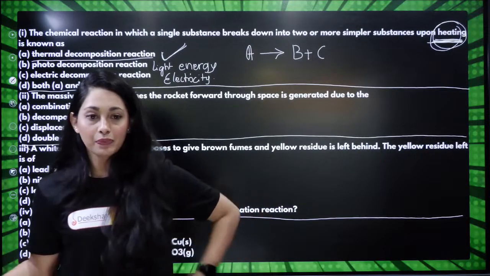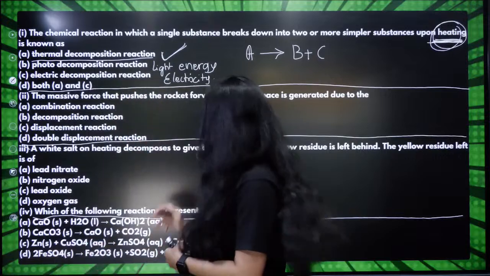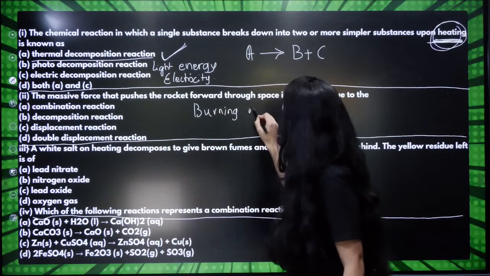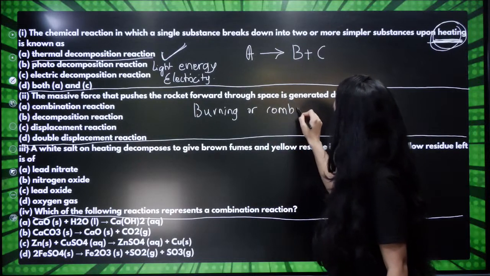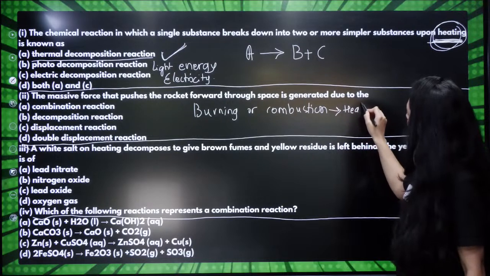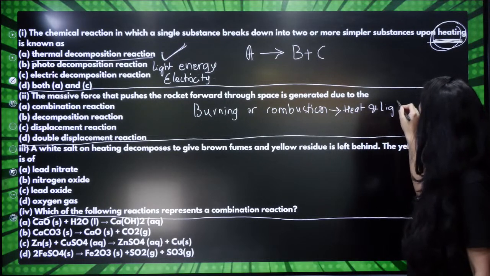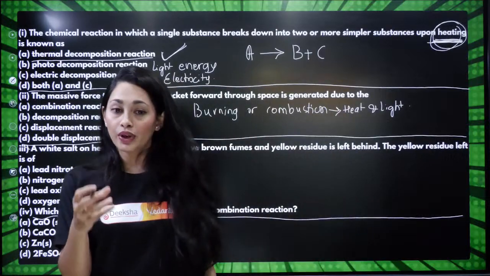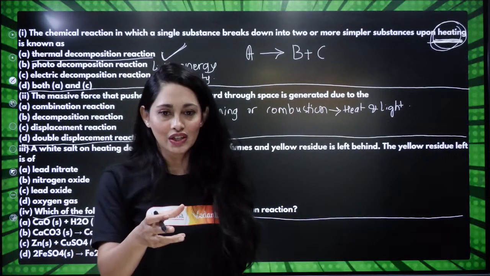So, combustion happens, burning or combustion happens, right? Combustion reactions always lead to the formation of heat as well as light energy usually. So, the fuel is going to combine with oxygen.